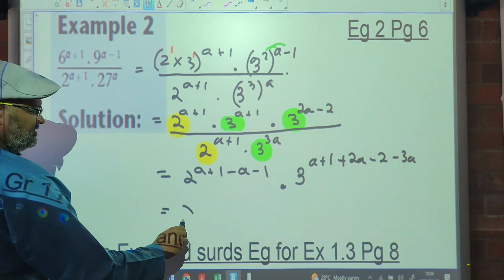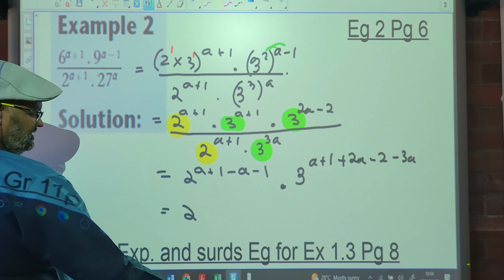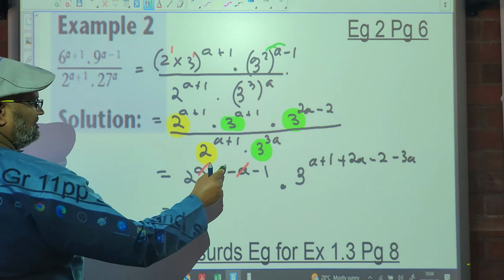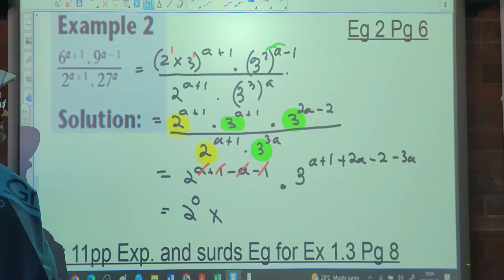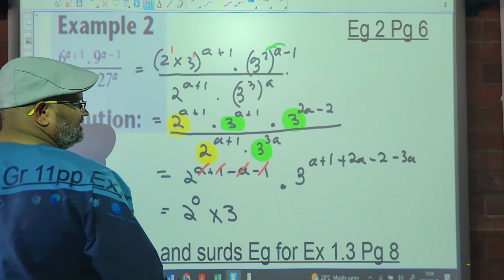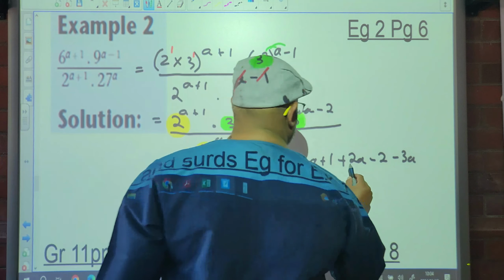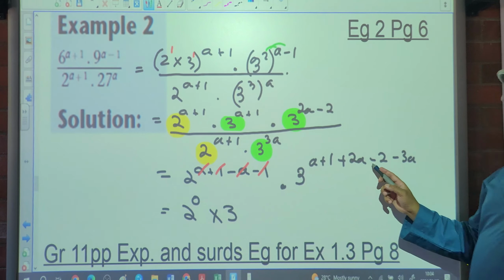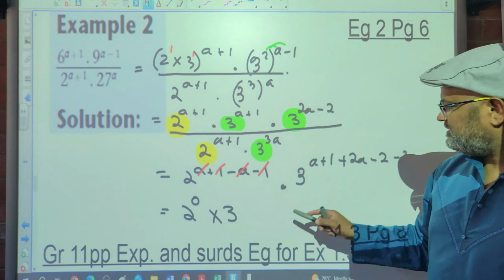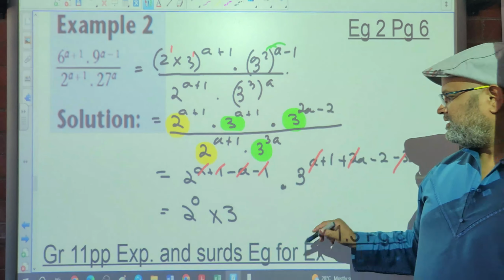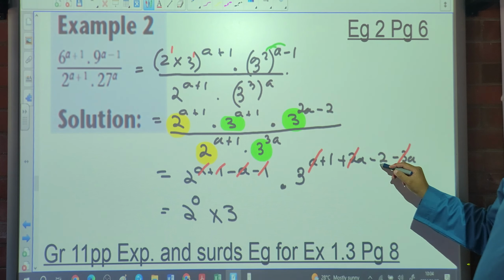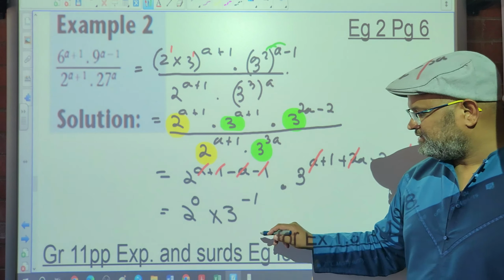What do we have now? a minus a is 0. 1 minus 1 is 0. Times 3 to the a plus 2a minus 3a, which is 0, and 1 minus 2 is negative 1.